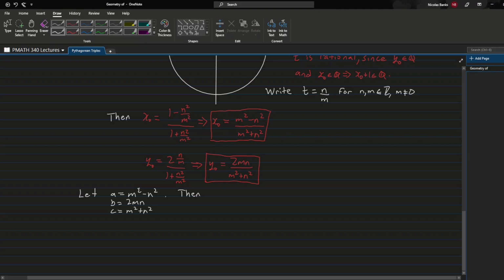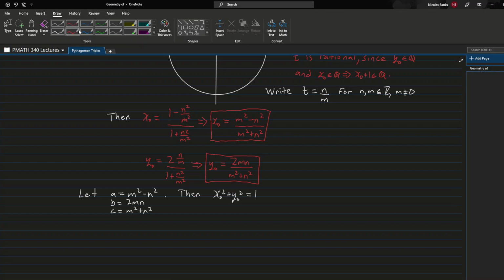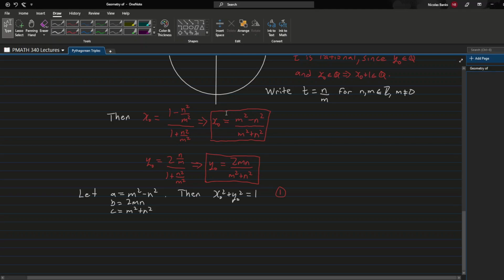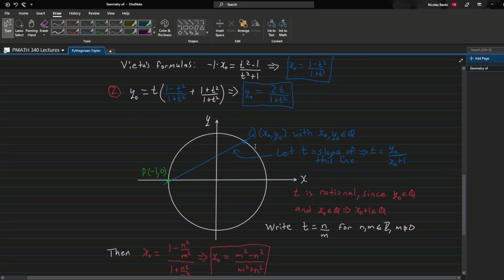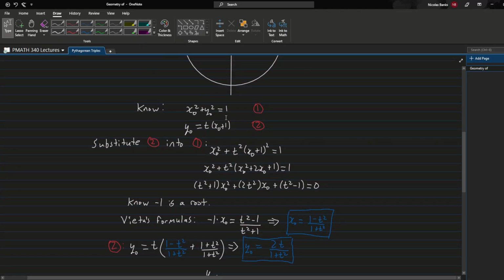So the question is, is this a Pythagorean triple? Well, of course it is, because we know that x0 squared plus y0 squared equals 1. That's from equation 1. In other words, that's just saying that the point x0, y0 is on the circle. It's equation 1 up here that we started with.